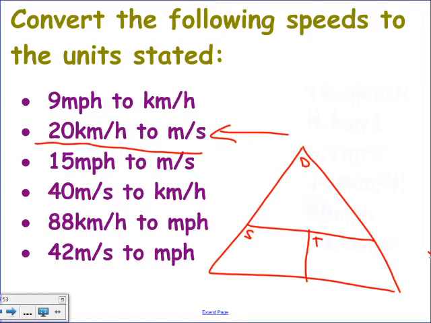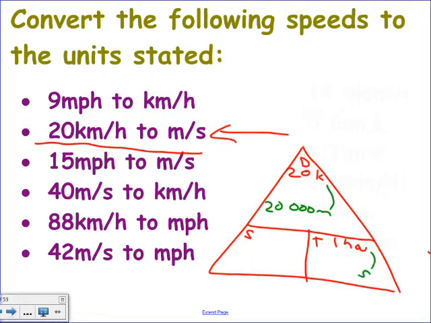Right, let's go through it then. Our original speed is 20 kilometres, so I do a distance of 20 in 1 hour. I don't want kilometres, I want metres, so I end up with 20,000 metres. I don't want hours, I want seconds.